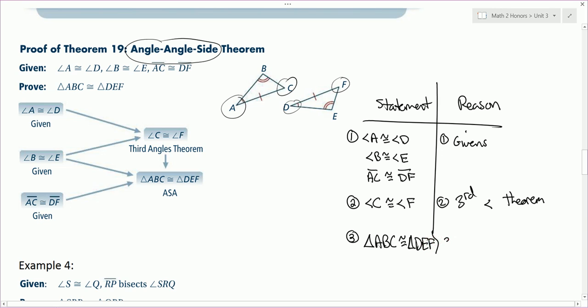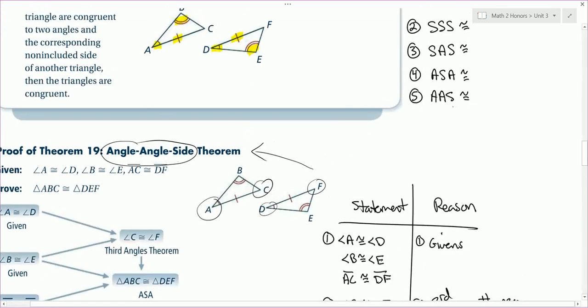The reason is angle side angle congruence. So this is a proof that establishes the angle angle side. Because of this proof, we're now able to add that angle angle side to our list, and now we can use that as a reason when we're making proofs.